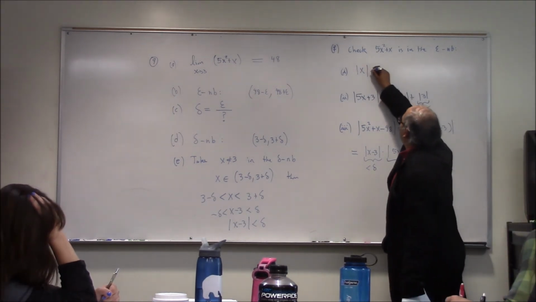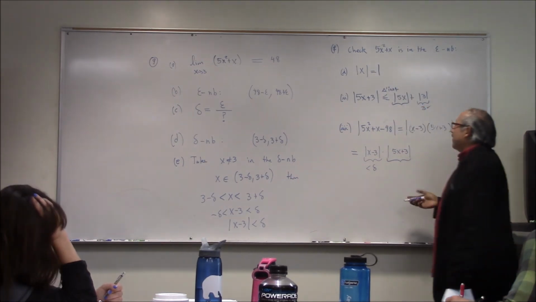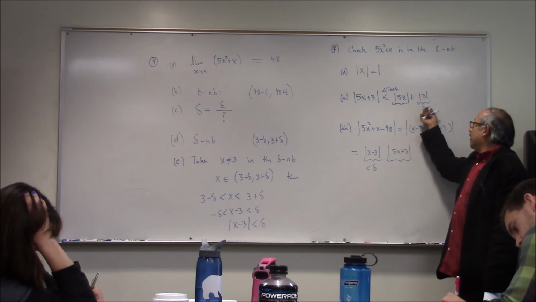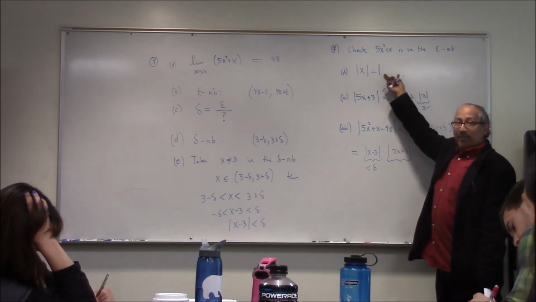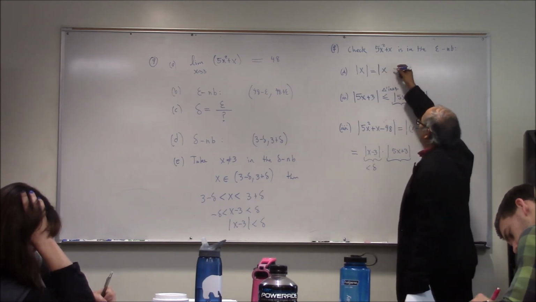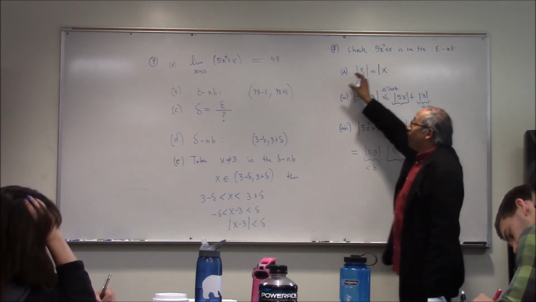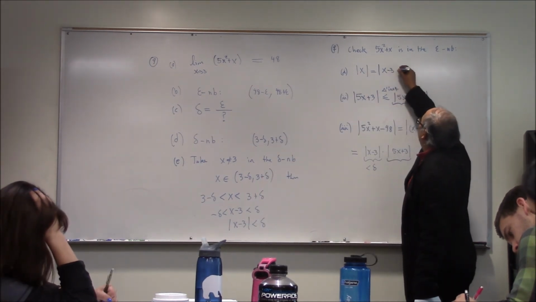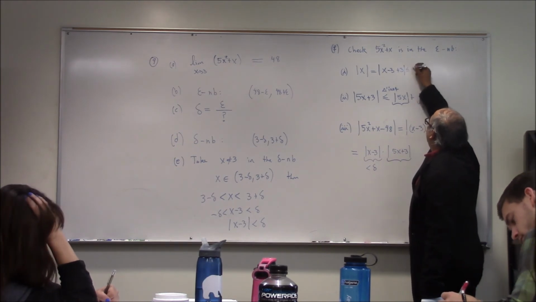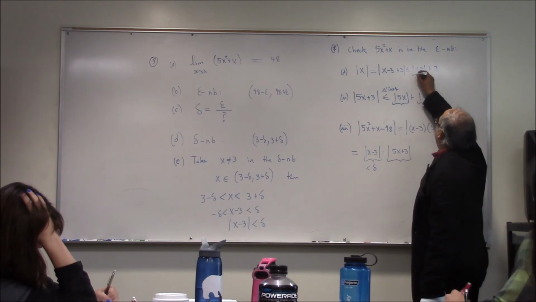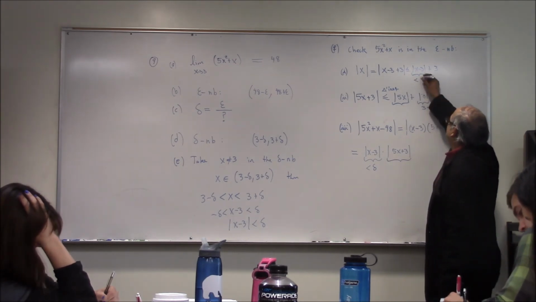You see what I mean, guys? So x equals, I don't know this, I estimate it right here. I know this. I don't know this, so I estimate it right here. So x, I quickly, super fast, I'm going to use the information that I have about 3. So this is x minus 3 plus 3, which is less than or equal to x minus 3 plus 3. Now this guy is less than delta.